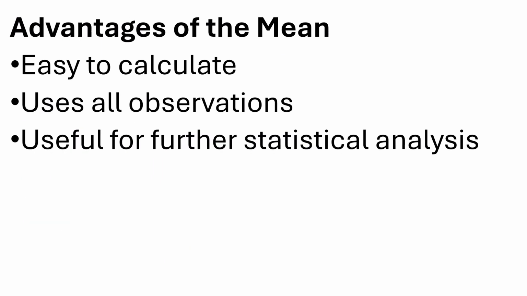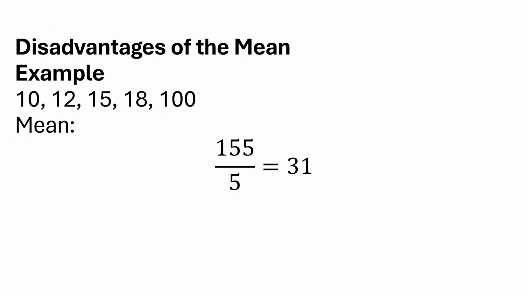Because every value contributes to the mean, it is considered a very reliable measure. A single extremely large or small value can greatly affect the mean. Such values are called outliers.